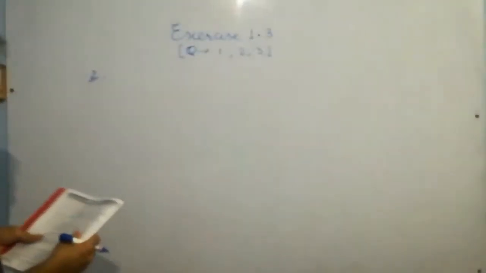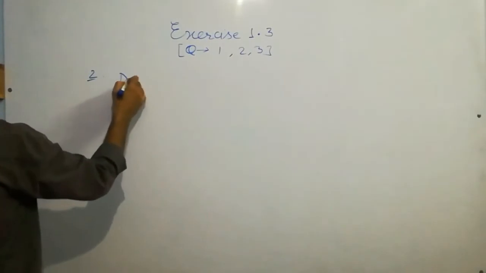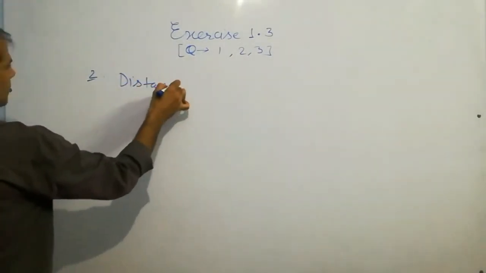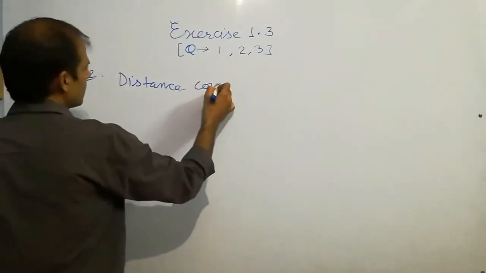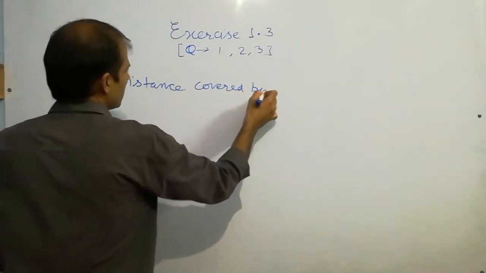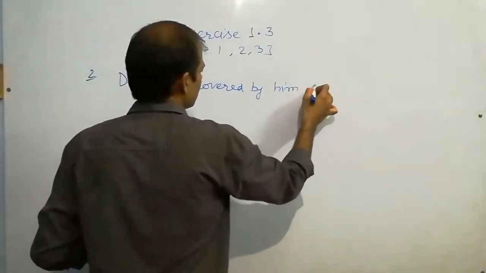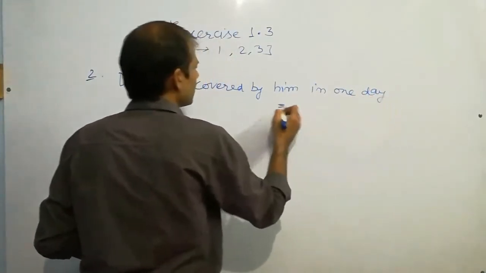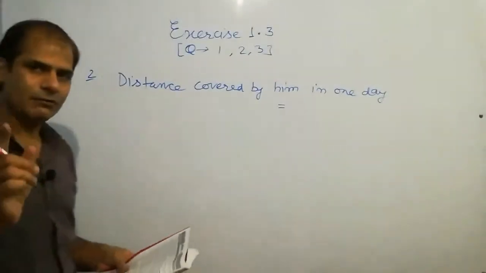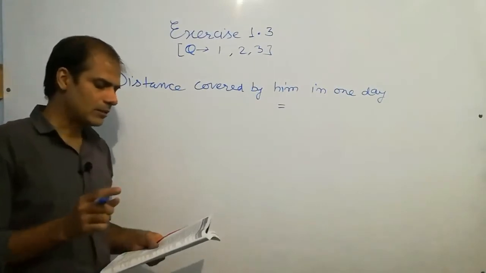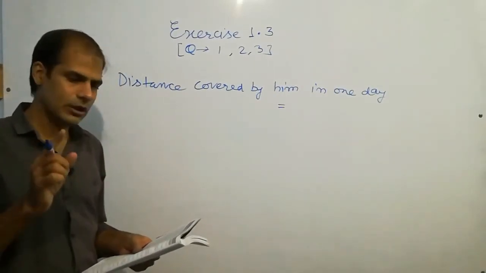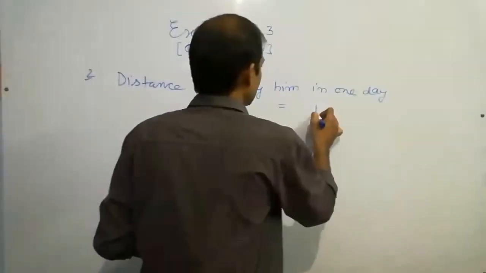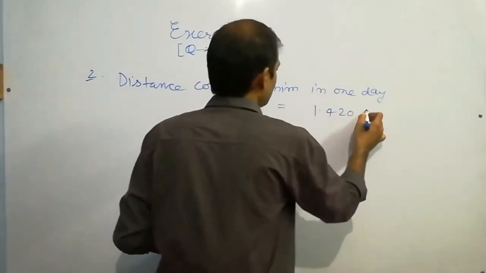So we write distance covered by him in 1 day equals. So be careful. The distance between the school and the house is 1 kilometer 420 meters.